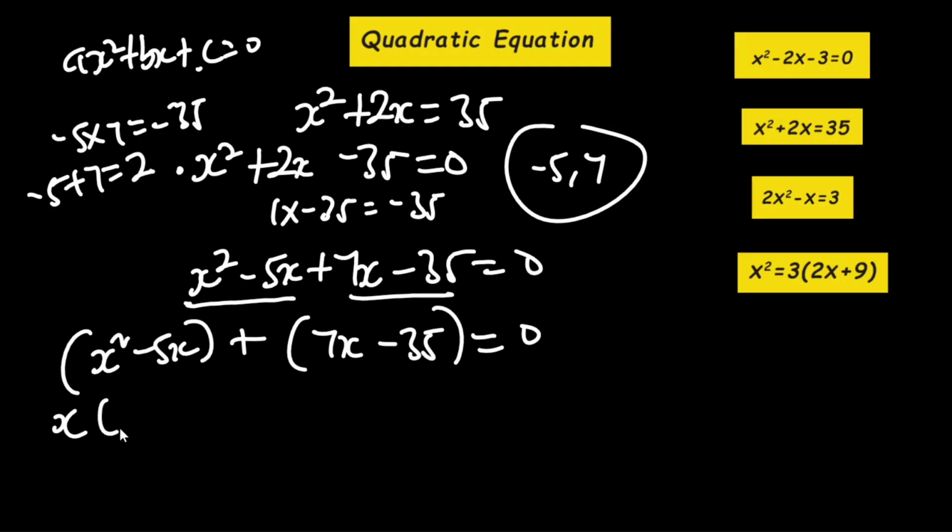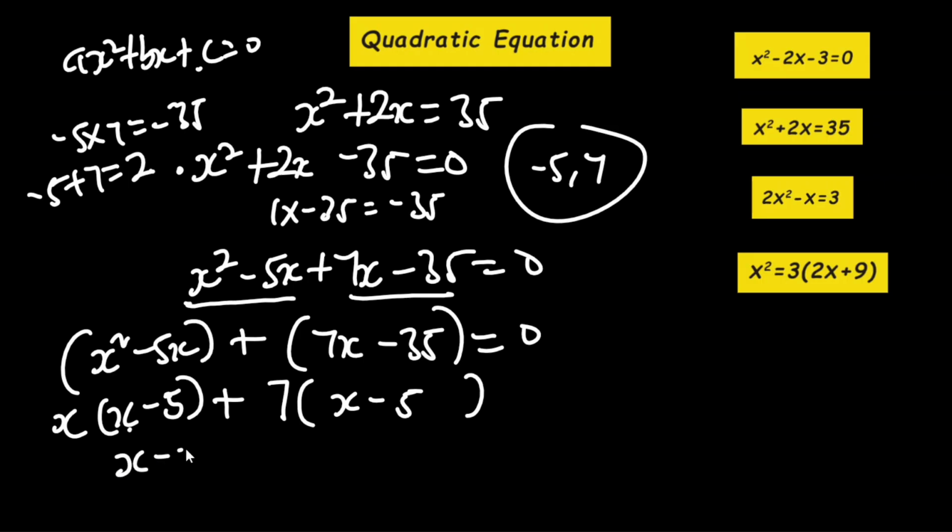So x times x minus 5 plus, and here just write what you had here, x minus 5 over here. Now you bring the 7 out. So 7 times x will give you 7x. 7 times -5 will give you -35. Now just write x minus 5 and then x plus 7, all equal to 0.